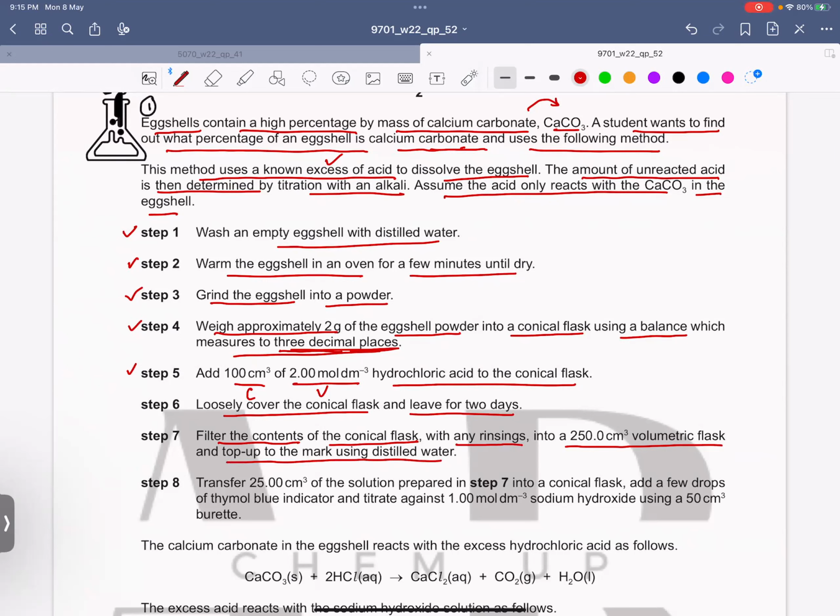So we have diluted it further and made the volume up to 250 cm3. Transfer 25 cm3 of the solution prepared in step 7 into a conical flask and add thymol blue indicator and titrate against 1 mol per dm3 sodium hydroxide. So here we have a concentration of a base or an alkali, using a 50 cm3 burette.